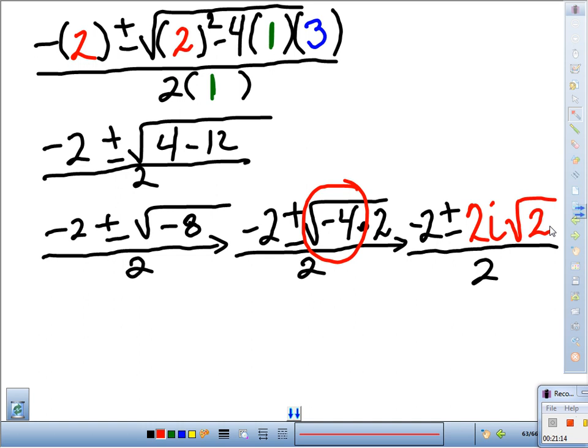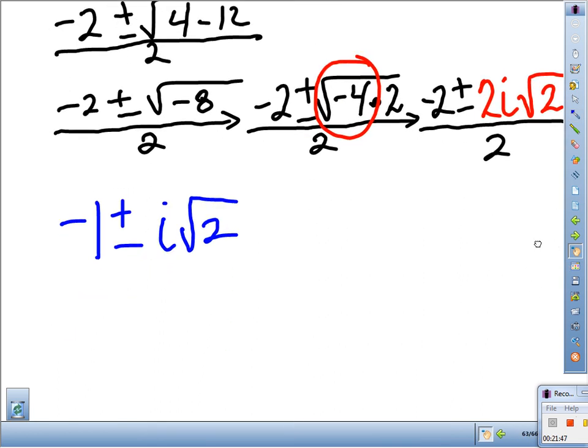Are we there so far? Since now we already have our radical and we have our imaginary, now we can simplify if we can with a division. Can we divide this by this? Yes. So what is negative 2 divided by 2? Negative 1 plus minus. What is 2i radical 2 divided by 2? i radical 2. Okay, but I'm still not done.